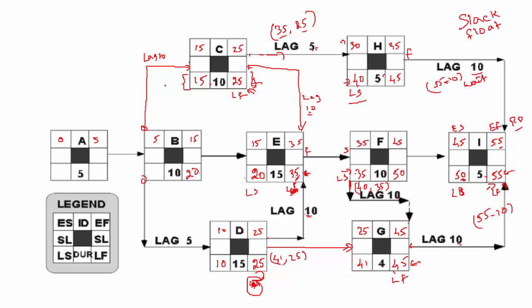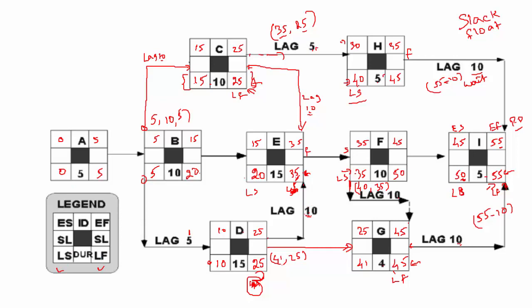So what we have to check is, 15 minus 10 would be 5, so is it 5, or 20 minus 10 would be 10, is it 10, or 10 minus 5, so is it 5? And we take the lowest. So 5 is the lowest, so we take the 5. And 5 comes here, and we have the 0. And that's how you will calculate the late start and late finish.